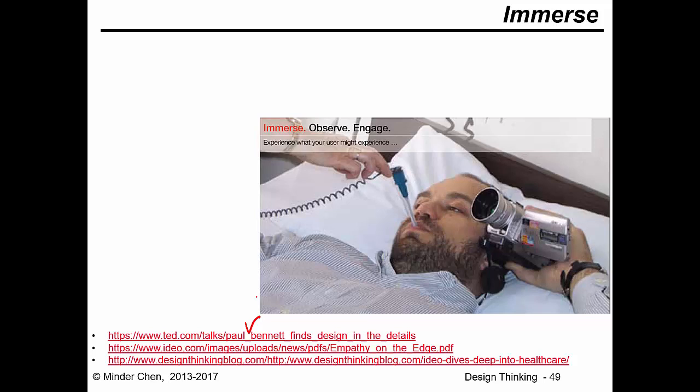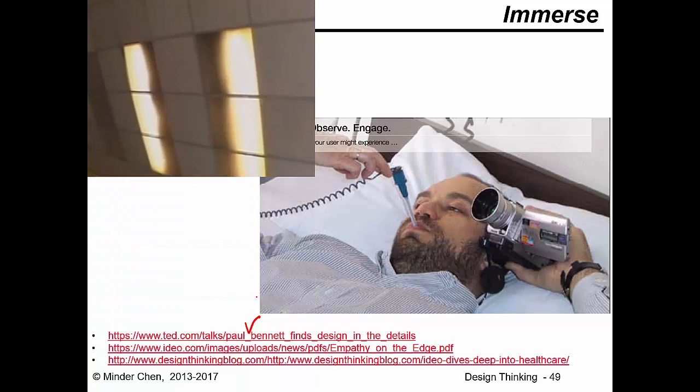Nowadays, probably he would use a GoPro to do the same thing. Pretending he was a patient, he went through the standard procedure to be checked in and put in the patient's room.